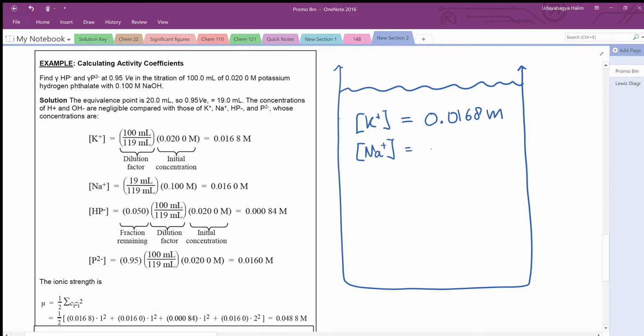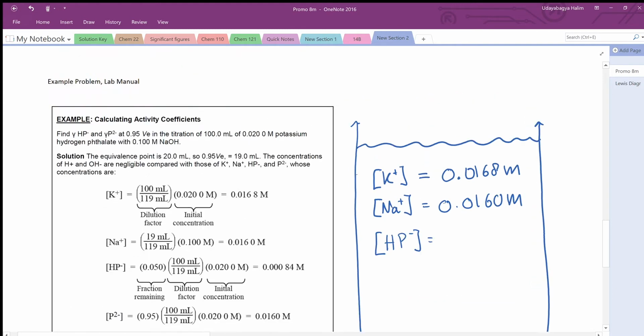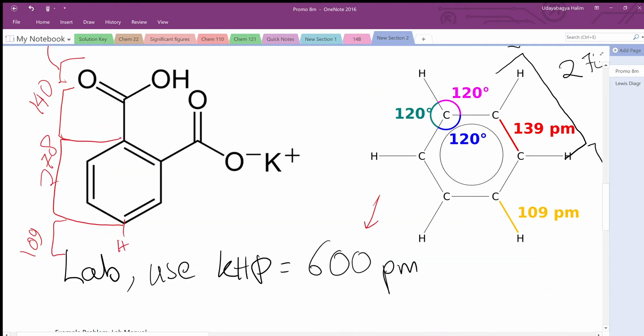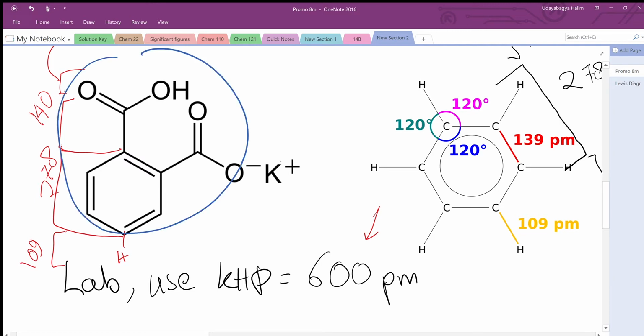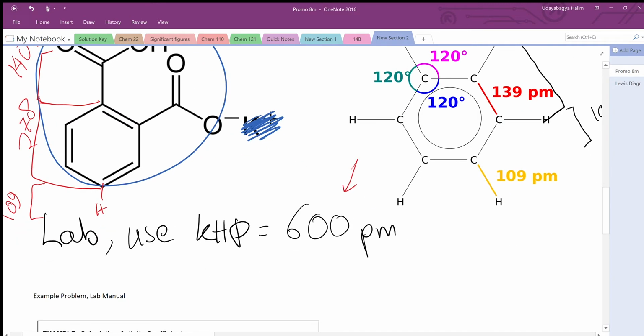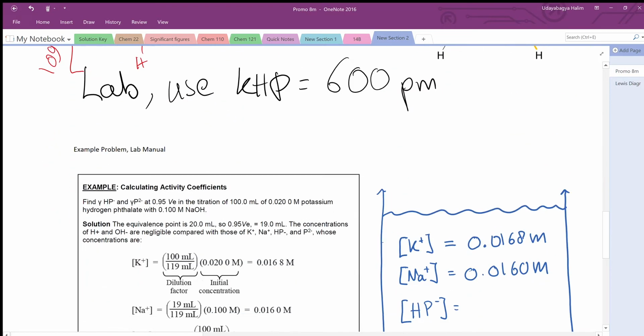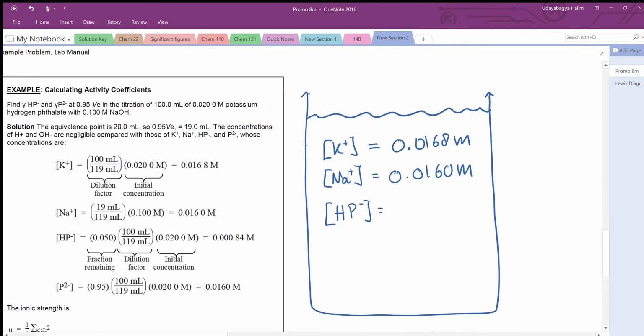We also have HP minus, which is this whole thing minus the K plus. Actually, it's better if I draw it. I don't remember exactly what it looks like. I think it looks something like this.